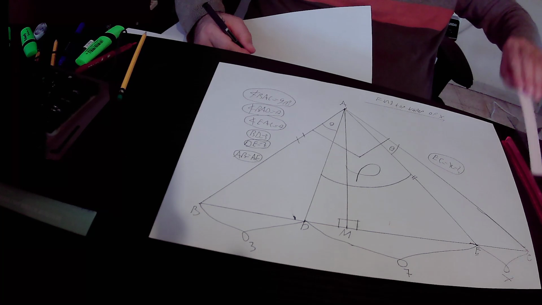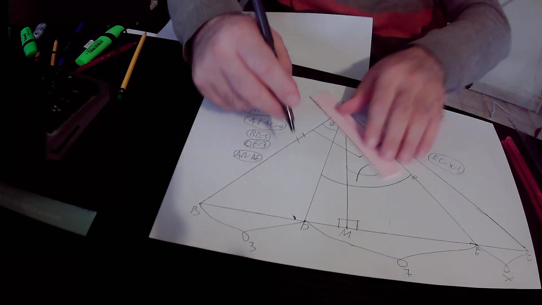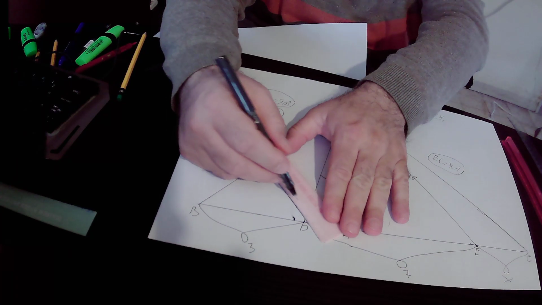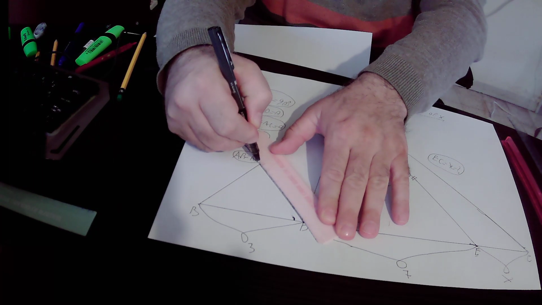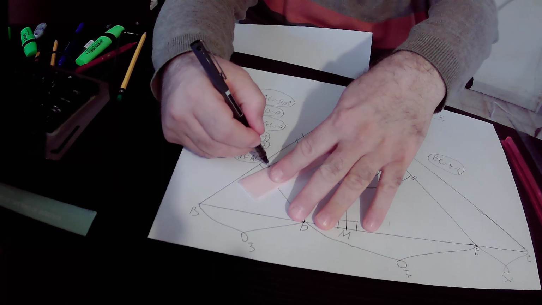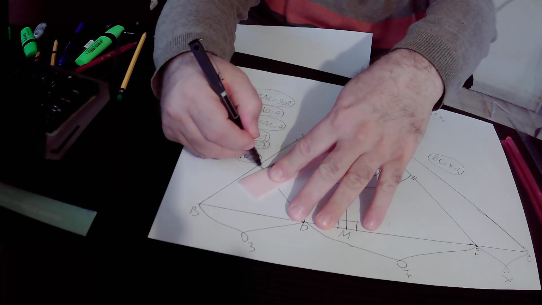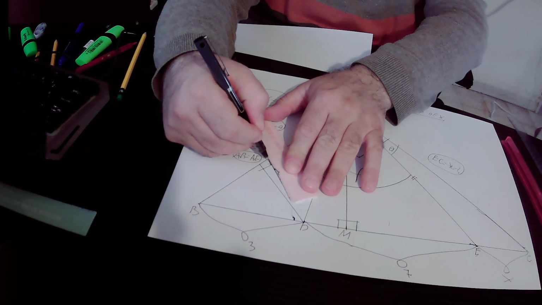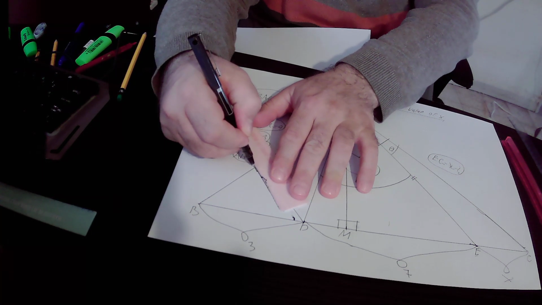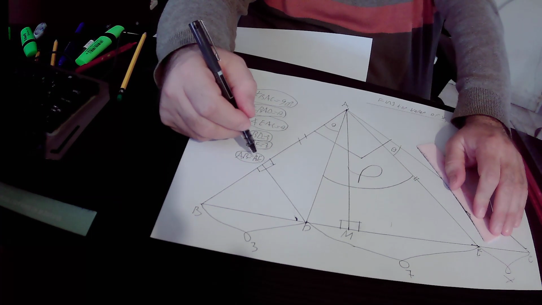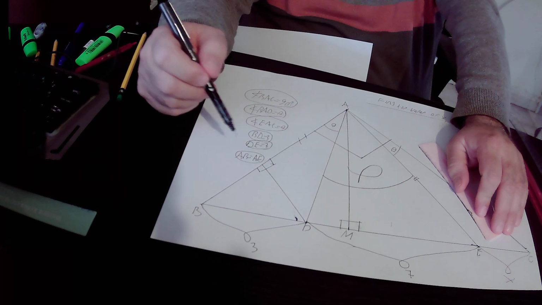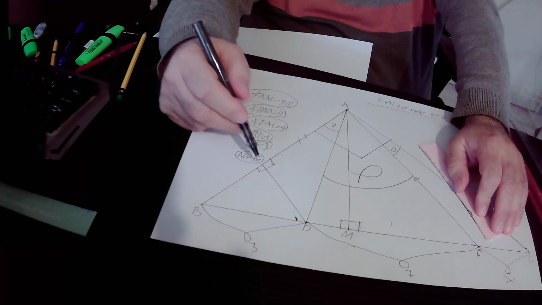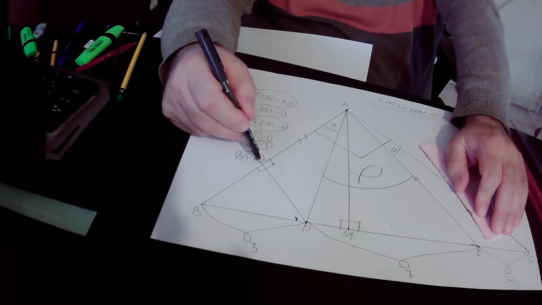So from point D, we will draw a perpendicular to AB. So this angle equals 90 degrees, and this angle also equals 90 degrees. And we will define the touching point of the perpendicular from point D to AB as point O.